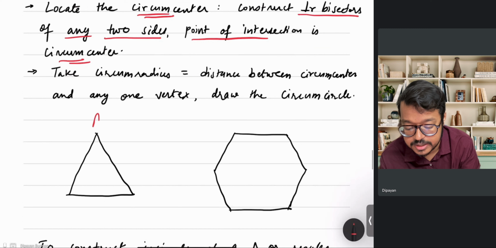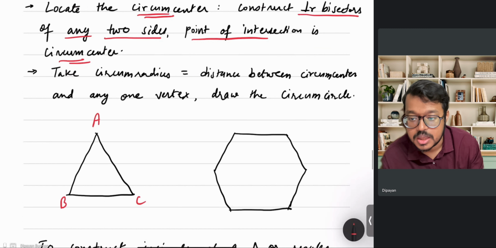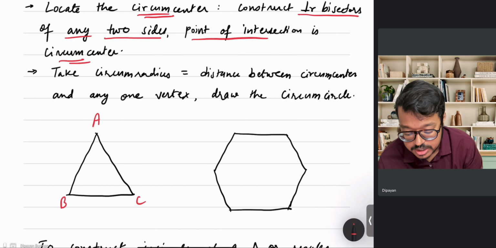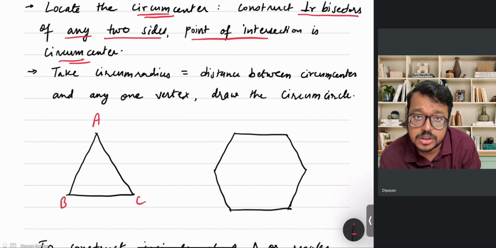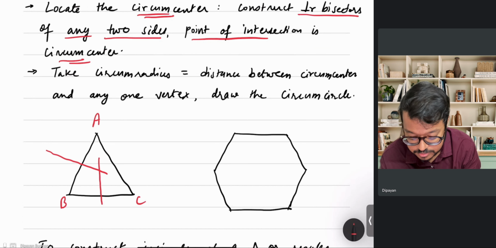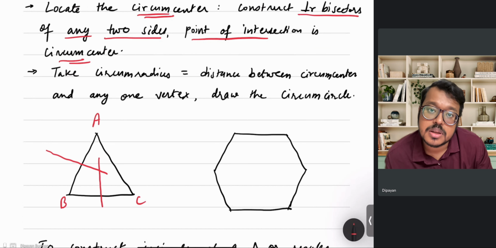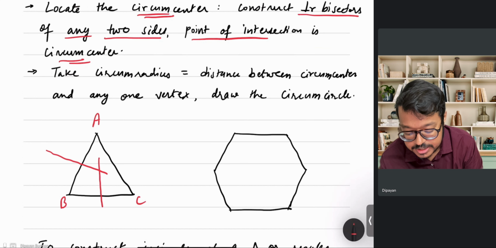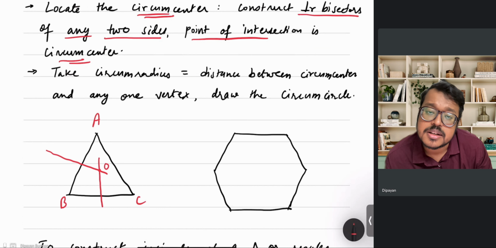Let's say I have triangle ABC. The first step is to construct perpendicular bisectors of any two sides, let's say AB and BC. We will look at another video where we do the construction of perpendicular bisectors. Let's say they intersect at this point. This is point O, and that is going to be the circumcenter.